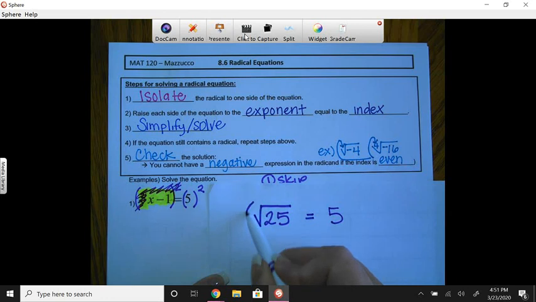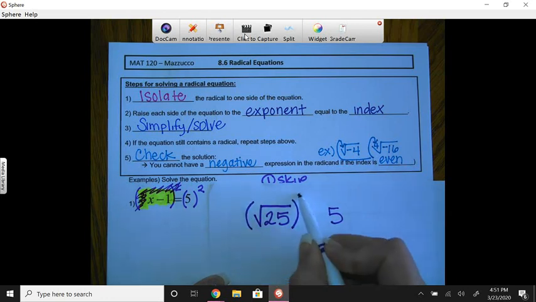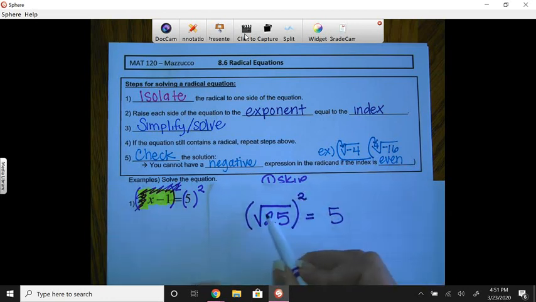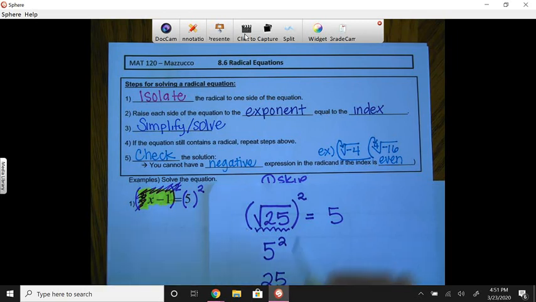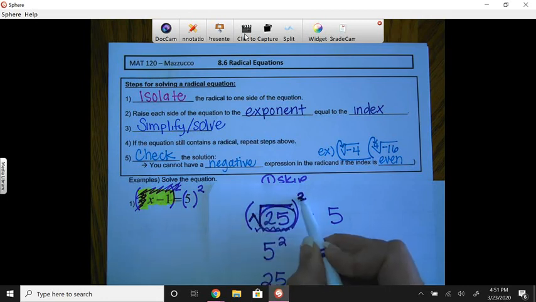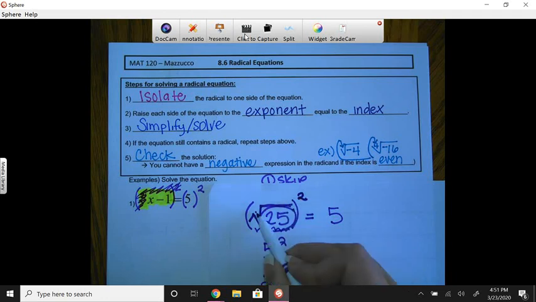If we then square that, remember this is 5, and we square it, we get 25, which is the answer that's inside here. So a radical and a square, when the index is the same, essentially undo each other and get you whatever's inside.